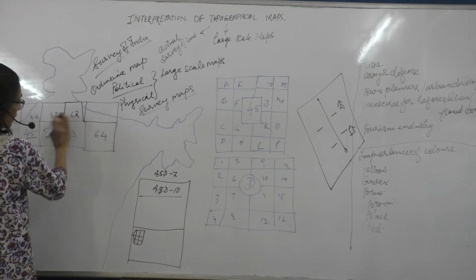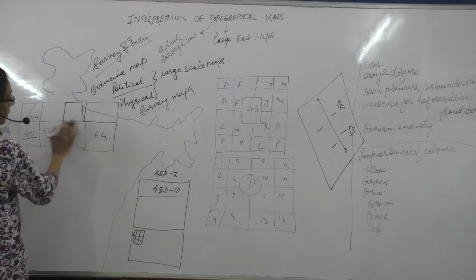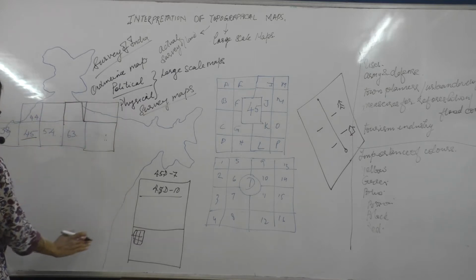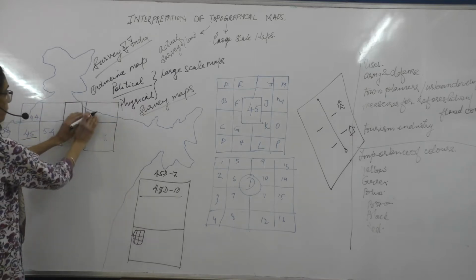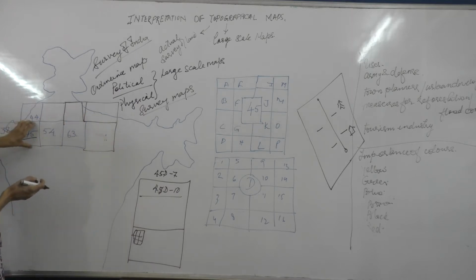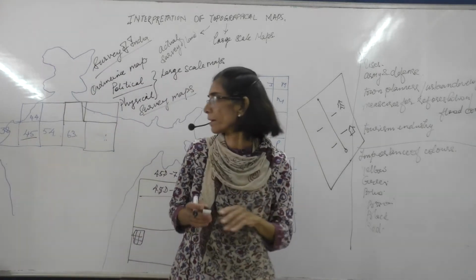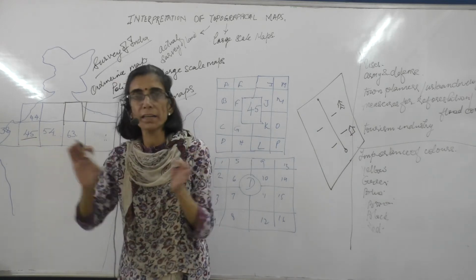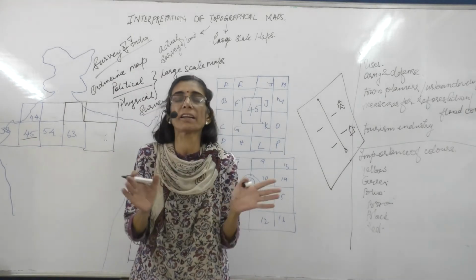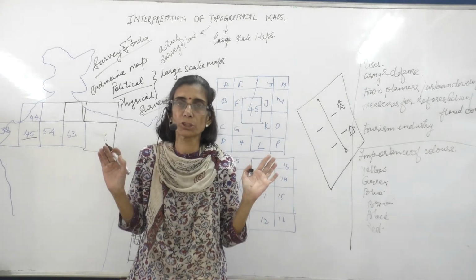I may not be exactly accurate with these numbers, but the entire country is divided into numbers, and whichever region you pick up, you will come to know through this number. Say 45 belongs to Rajasthan, or 44 also belongs to Rajasthan. So you broadly know it is hot and dry climate, and you will identify the features of dry climate on that particular topo sheet.